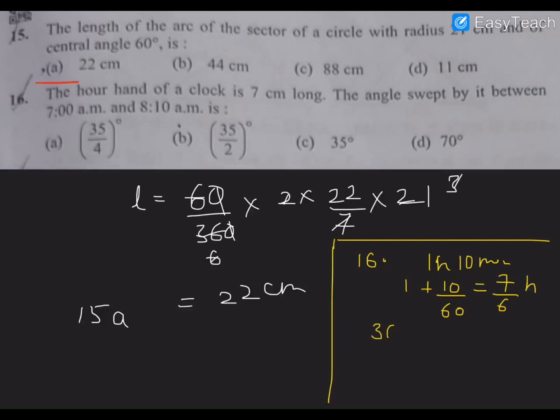And 360 divided by 12, because there are 12 hours, gives you 30 degrees, and 30 degrees into 7 by 6 will give you the angle. So this comes out to be 35 degrees. So for this question, C is the correct answer. So 16th, C is the correct answer.